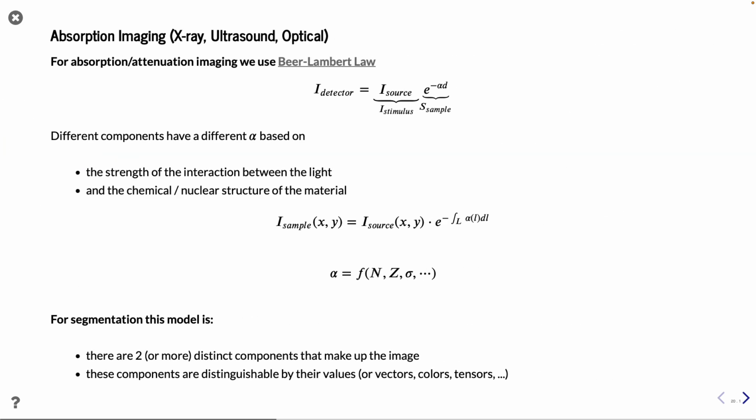So let's look at Beer-Lambert's law, which is very common, in particular in transmission imaging, where we have some input intensity, and then we have this exponential part here, which is in principle the thickness of the object and some attenuation coefficient.